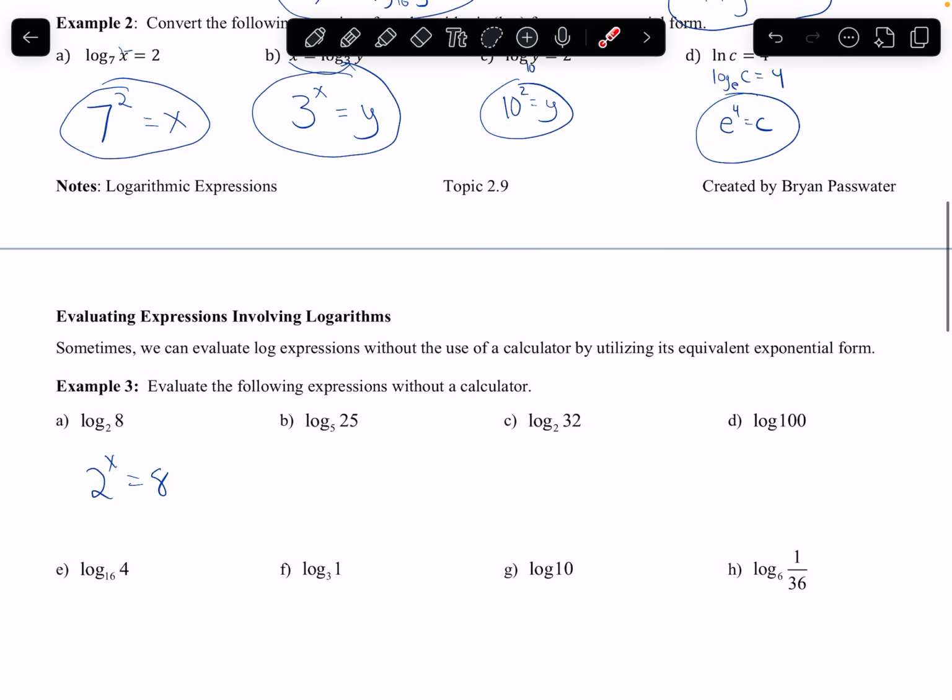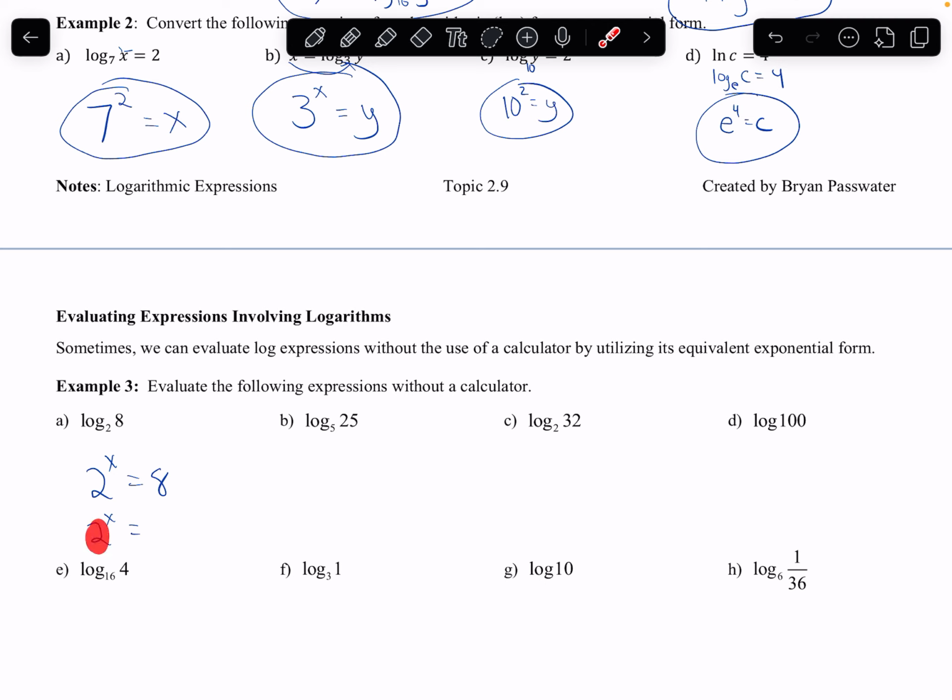And then I'm going to break this down even more. You probably just look at that and say, well, 2 to the third power is 8, so it must be 3. But I'm going to break it down like this. 2 to the x equals, I'm going to rewrite 8 so it has the same base that you have over here.